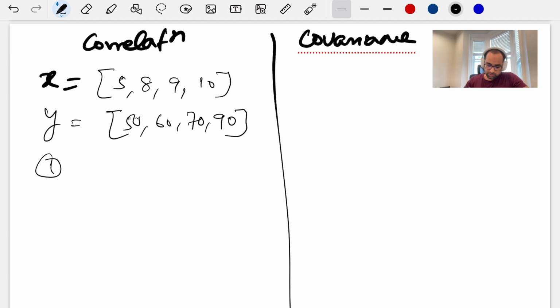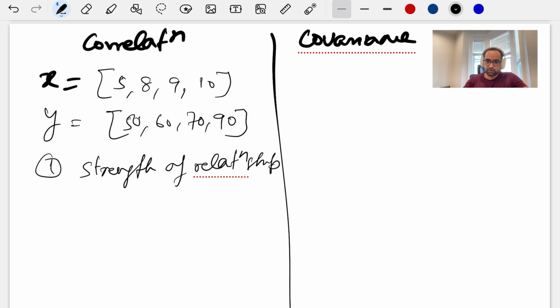Correlation basically measures two things. One is the strength of the relationship between two variables, and this relationship would be a linear relationship. Another thing it gives is the direction of the relationship, and direction can be positive and negative as well.